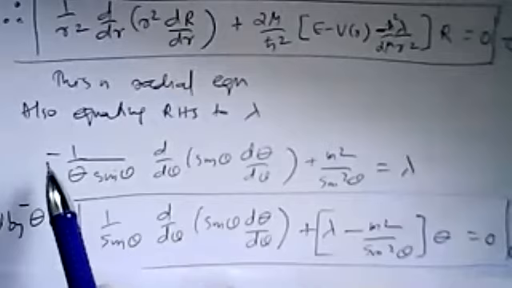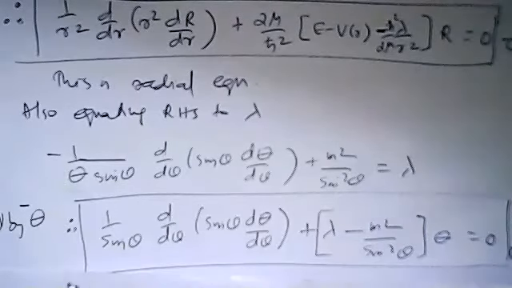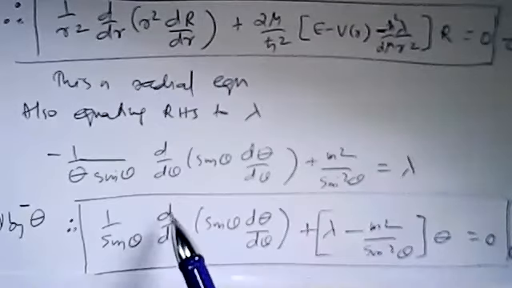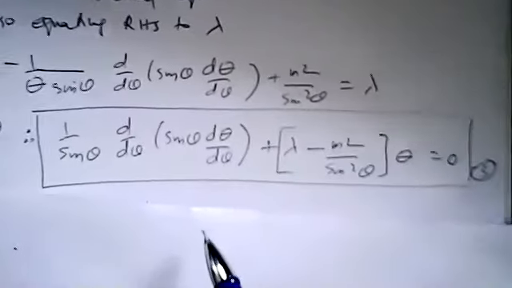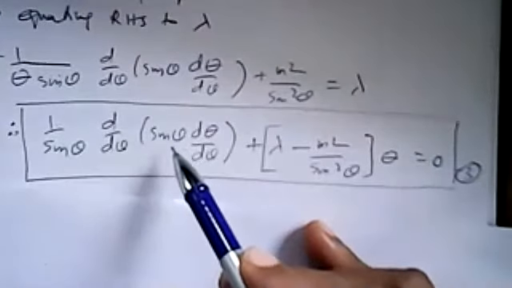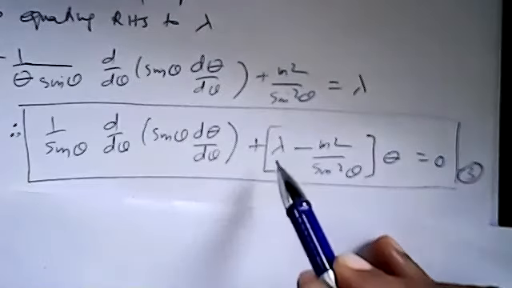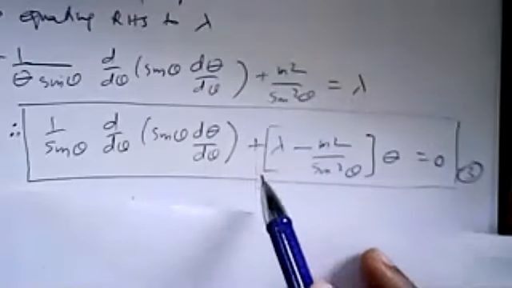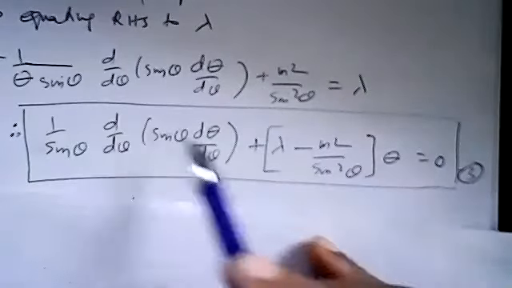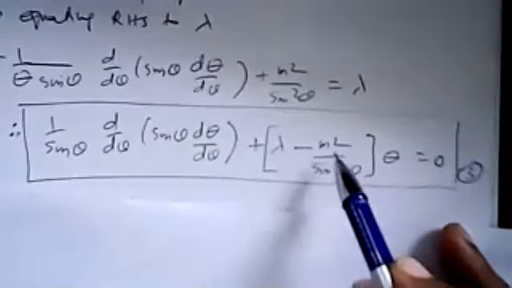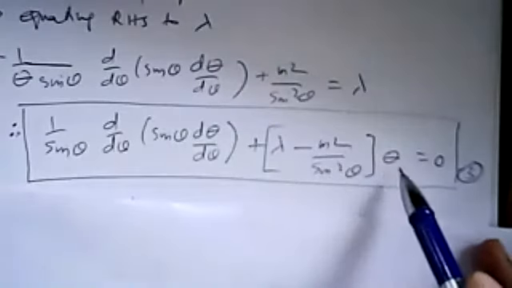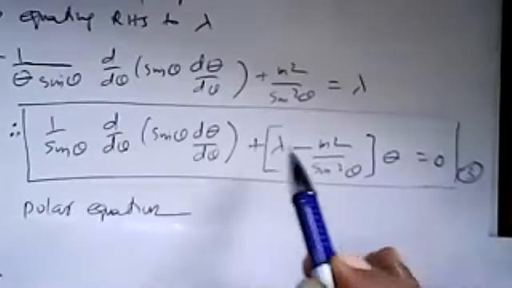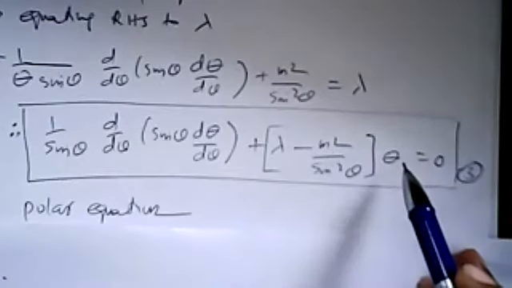Multiplying with the minus sign also, it becomes 1 by sine theta dou by dou theta of sine theta dou theta by dou theta, plus lambda minus m square by sine square theta, all into capital theta equal to 0. So this also you can solve.